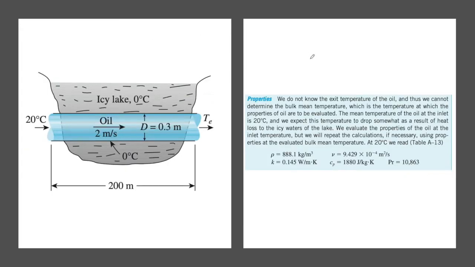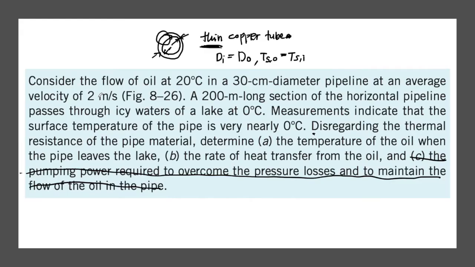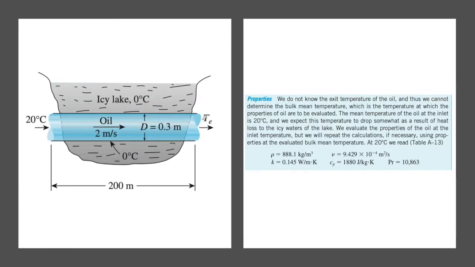So this is the figure. What I told you is that we have the icy lake at 0 degrees Celsius, and the question states that the surface temperature of the pipe is very nearly 0 degrees Celsius, which means that Ts out is equivalent to 0 degrees Celsius. But we know that the pipe has thickness. So if we draw a pipe, it has thickness.